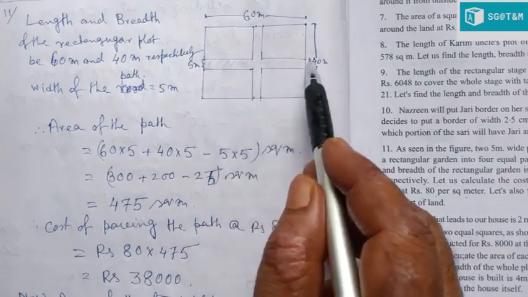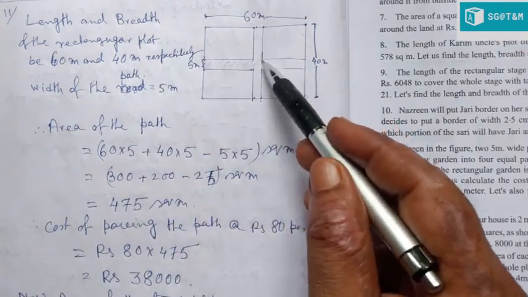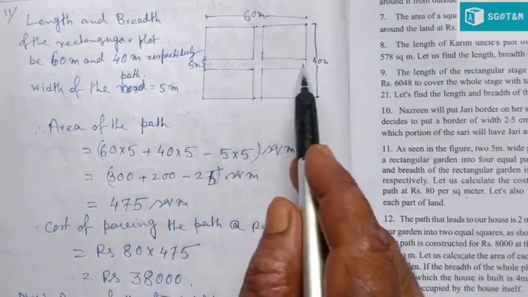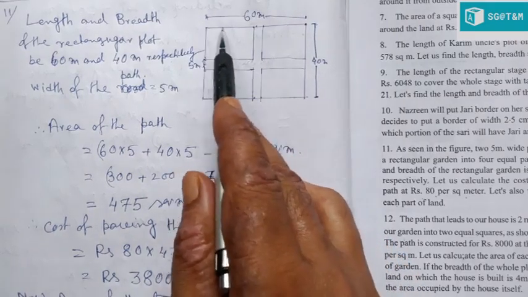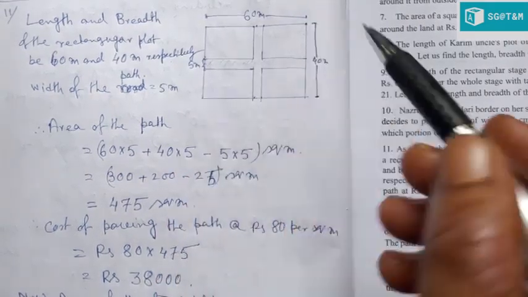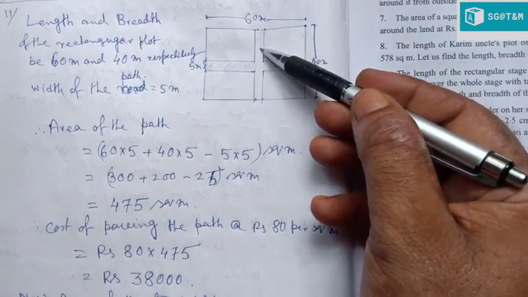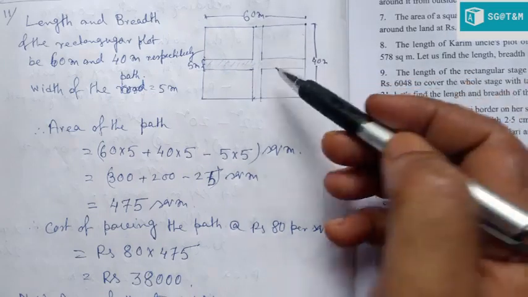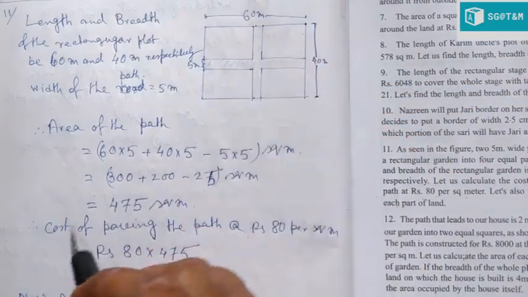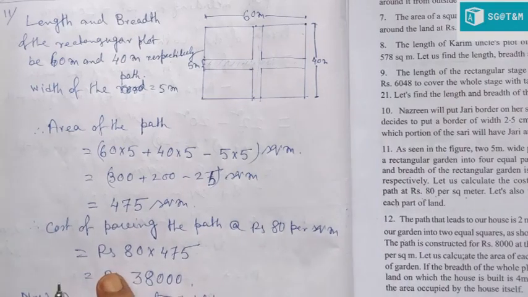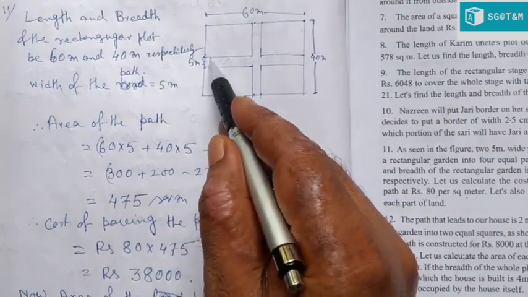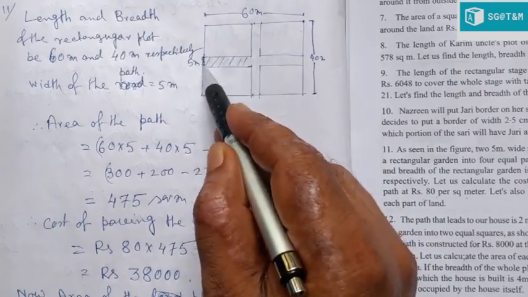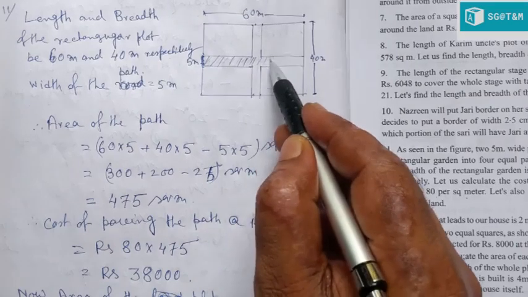Therefore the length of this path is 40 meter, and the length of this portion in the figure is 60 meter. Since the length of this is 60, this is also 60. And the length of this vertical path, since this is 40 meter, is 40 meter. The breadth of the path is 5 meter.